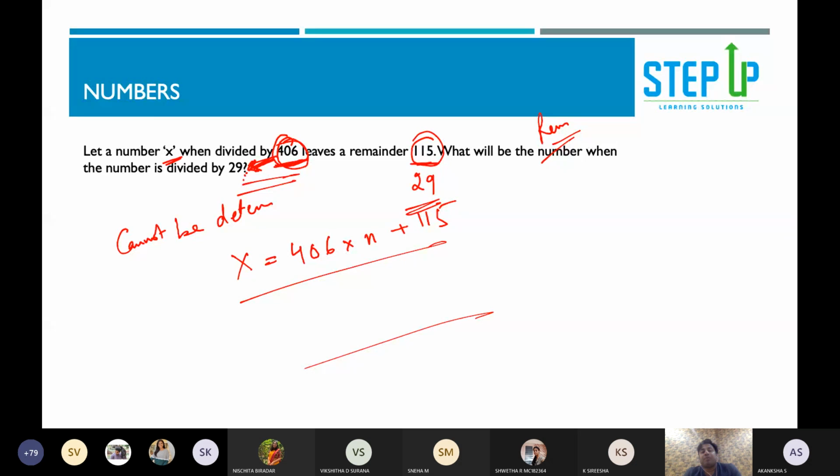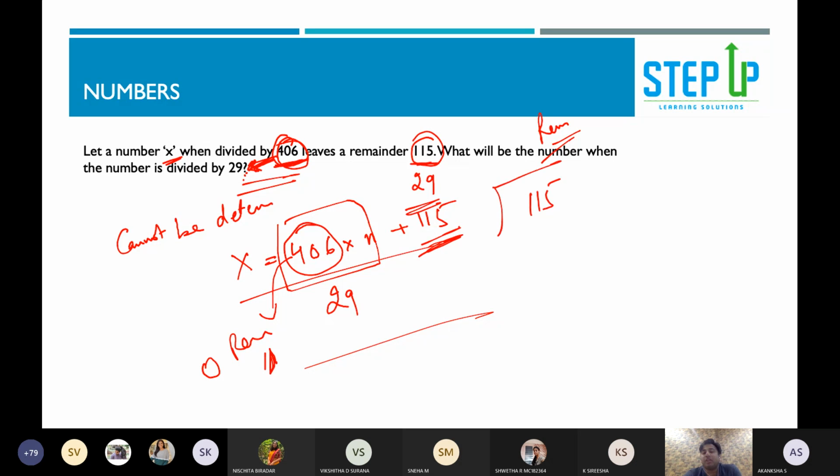When you divide this complete number by 29, since 406 is a multiple of 29, that part will give 0 remainder, and you are left with 115 only. You just need to divide 115 by 29.